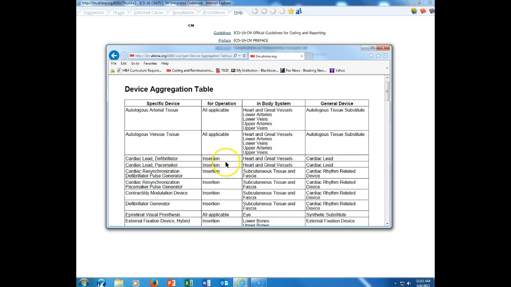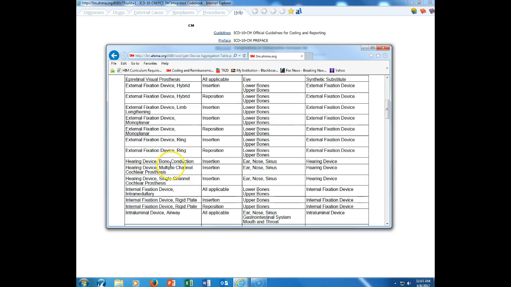Cardiac lead defibrillator. The root operation is insertion. The body system is heart and great vessels, and the device is a cardiac lead. So it may be that you have a device and you're not sure how to handle it. You can come to this device aggregation table and it'll tell you.